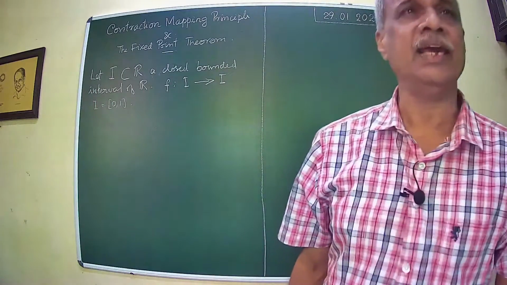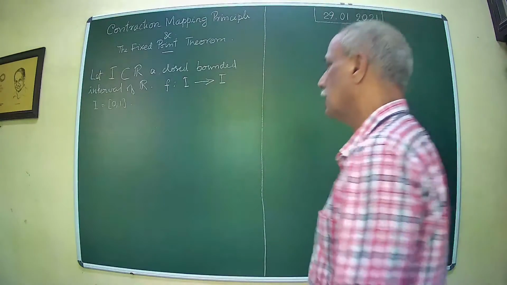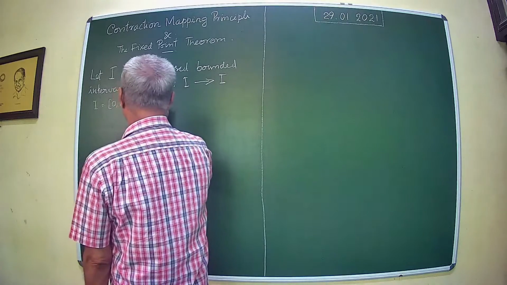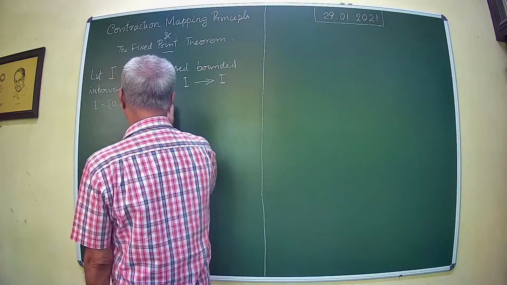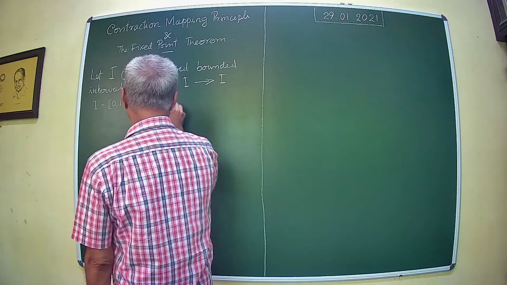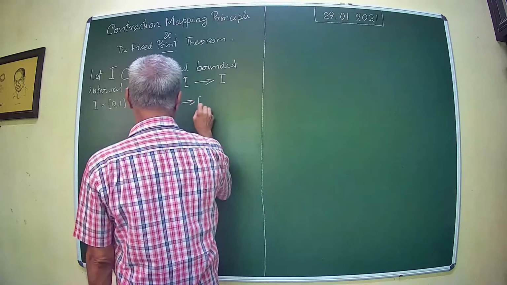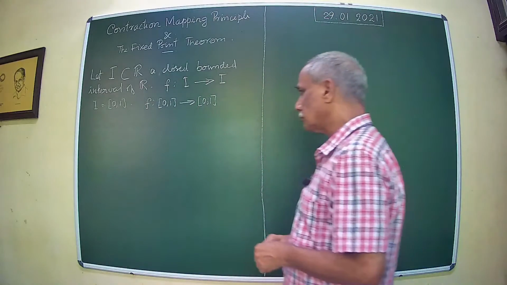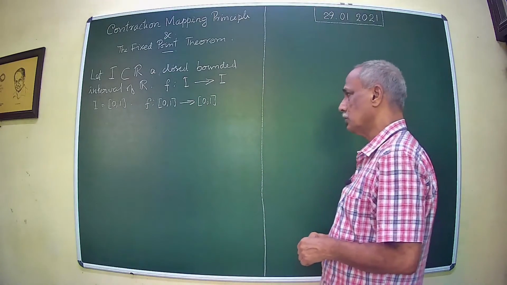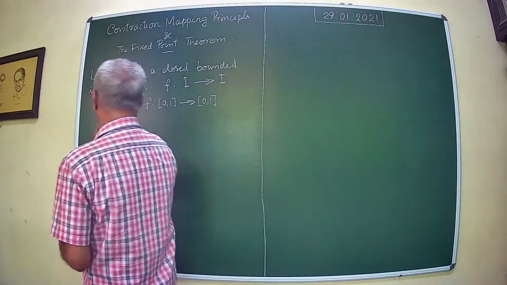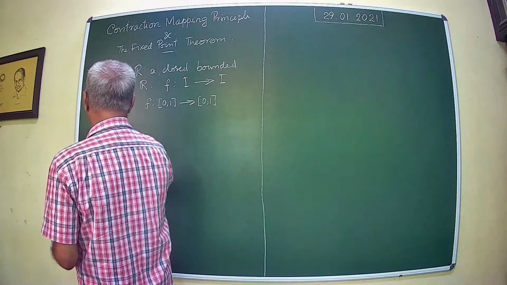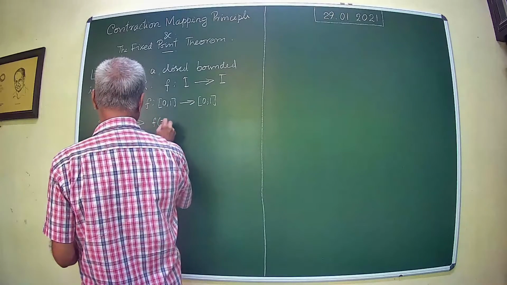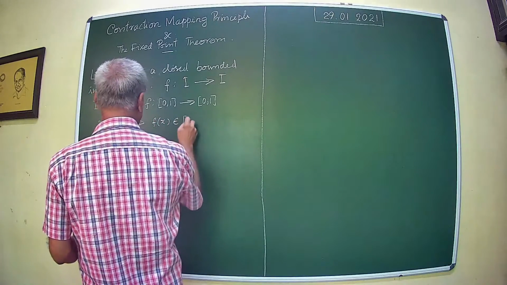Specifically, I equal to [0, 1]. Now let me look at the map F from I to I, from [0, 1] to [0, 1]. So for each x belonging to [0, 1] implies f of x belongs to [0, 1].